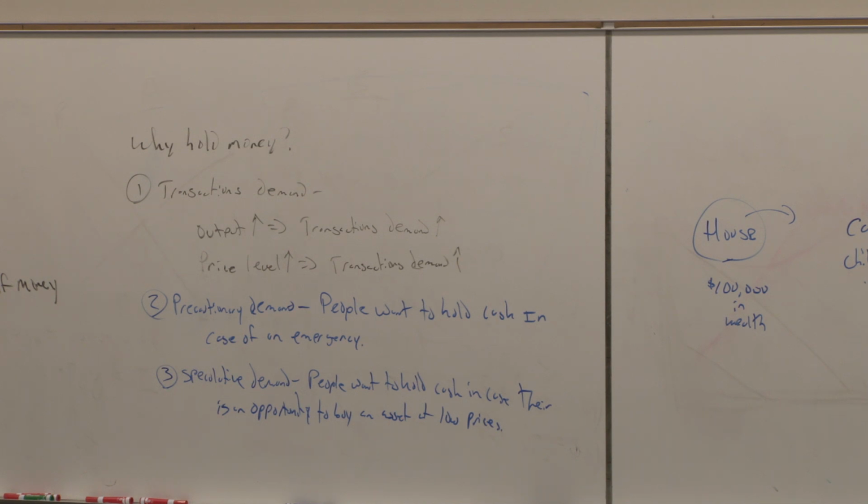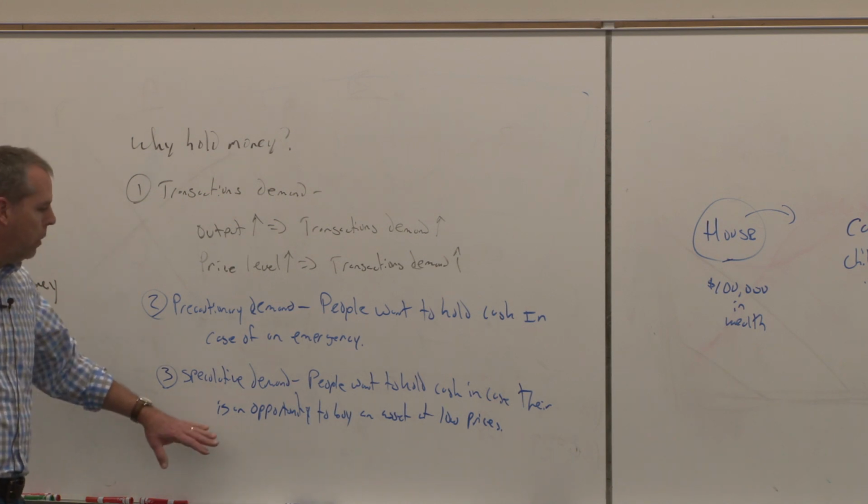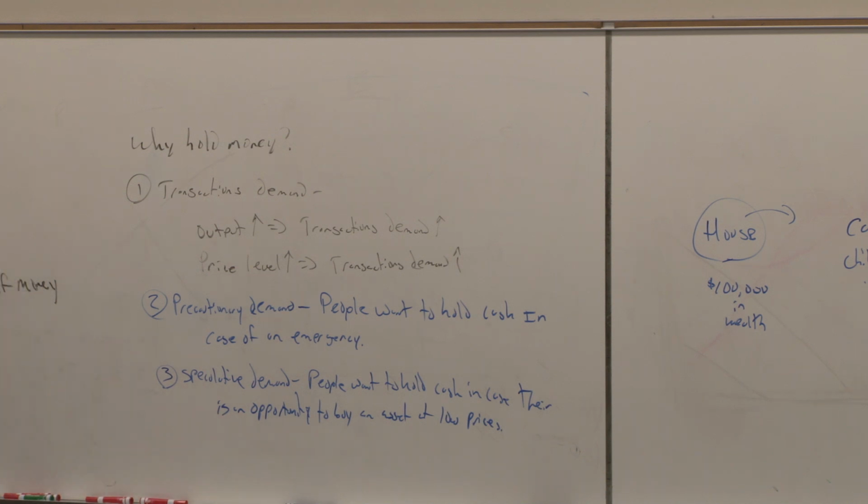So a stock, or oil, or Bitcoin, or a house, or whatever it is that you want it to be, right? You've got some asset that you want to purchase. It's a great price, and you want to be able to do that.